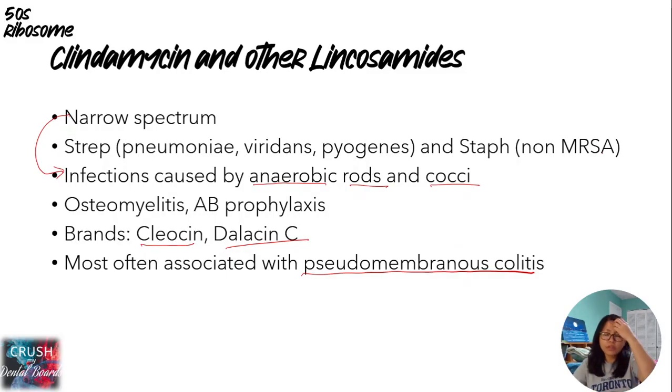And so that's why we tell people, whatever was prescribed to them, just take it. But anything beyond that, do not prolong. Because repeated use and prolonged use of clindamycin can give a person pseudomembranous colitis. Okay, that's Clinda.